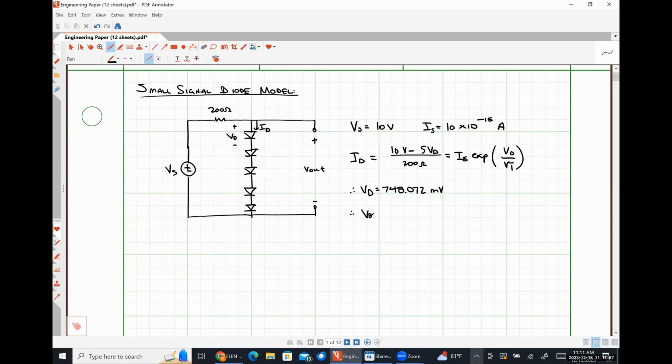And from this, our output voltage, which is nothing more than 5 times VD, is 3.74 volts.